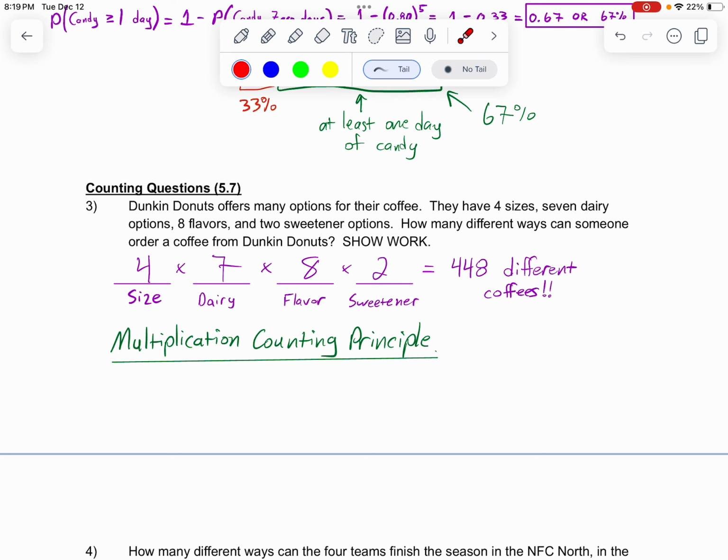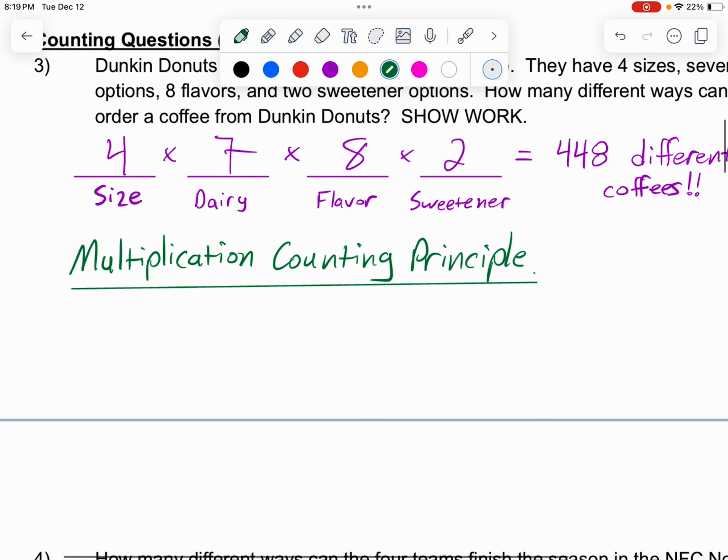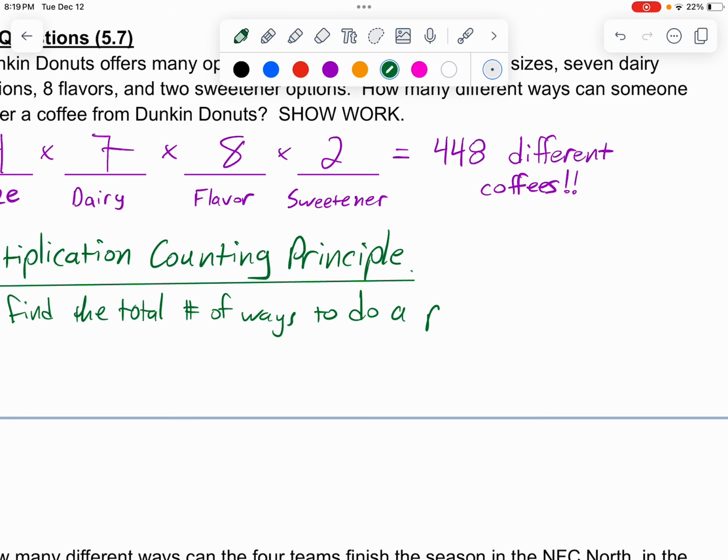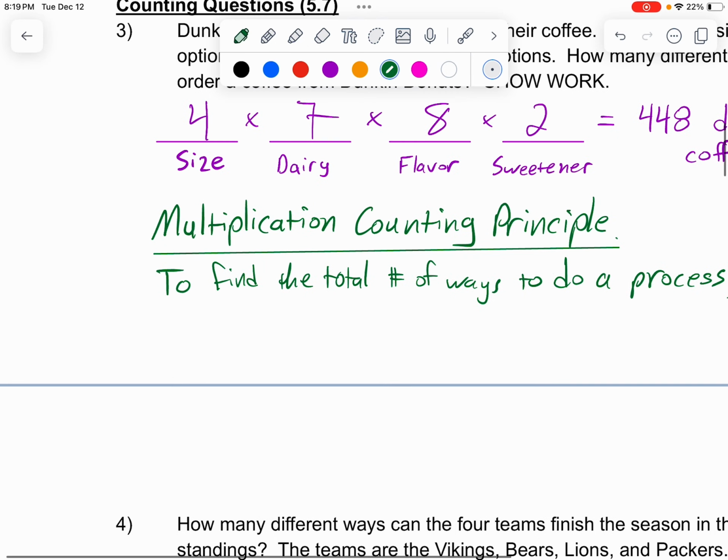This is called the multiplication counting principle. To find the total number of ways to do a process, multiply the number of options for each step.